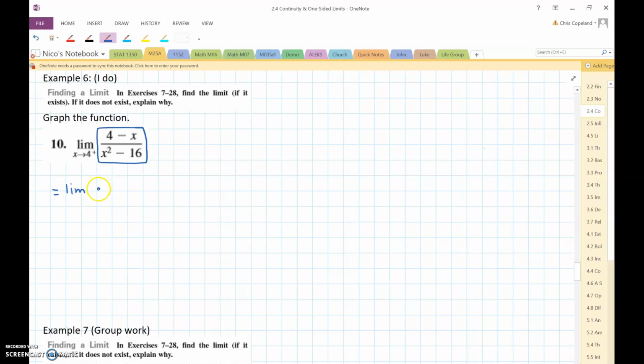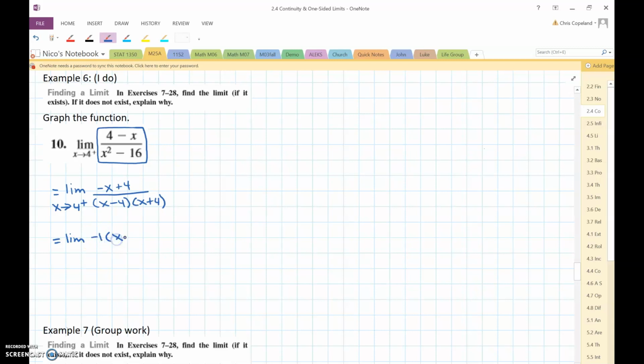Let's make this negative x plus 4 all over x minus 4 times x plus 4, that factors, as x approaches 4 from the right. Then the numerator, I can factor out a negative 1.